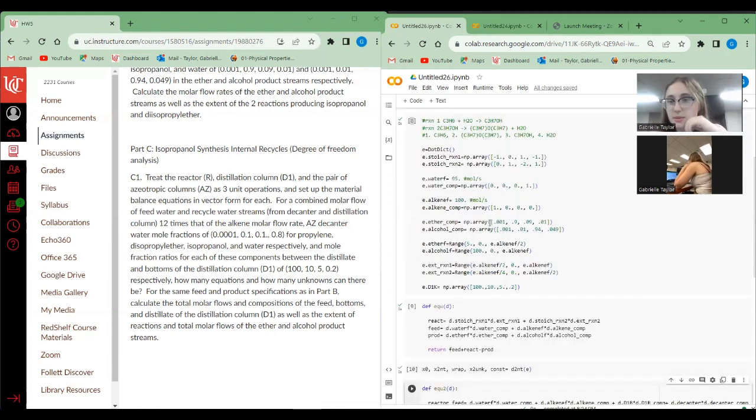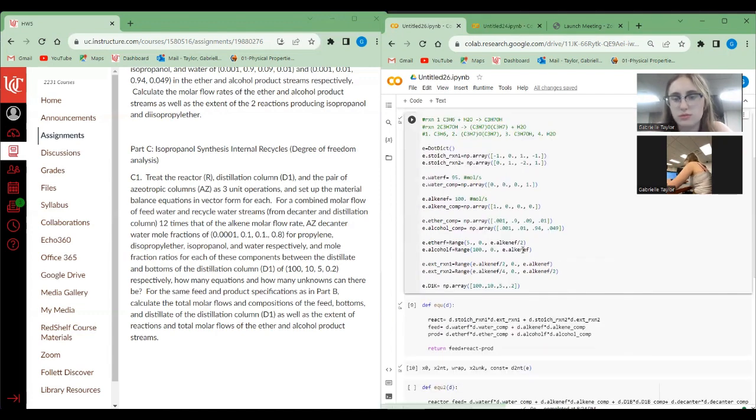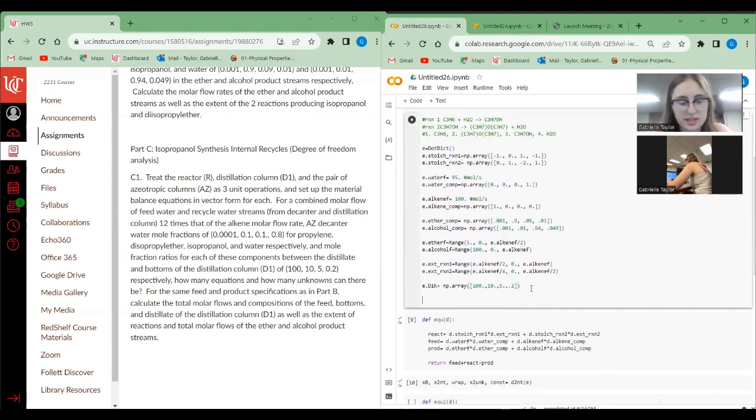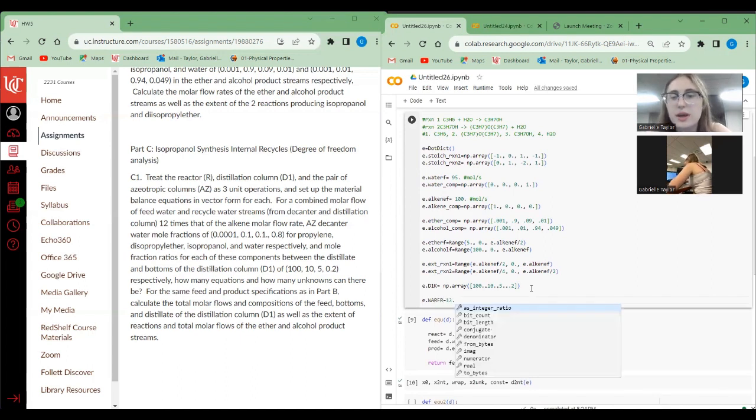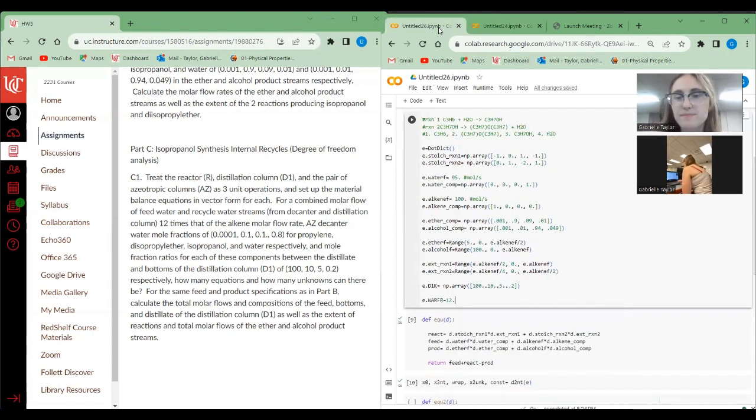This is going to be our Wolfer constant, and that's going to stand for the water alkene reactor flow rate. Oh, it's reactor, not reaction flow rate.